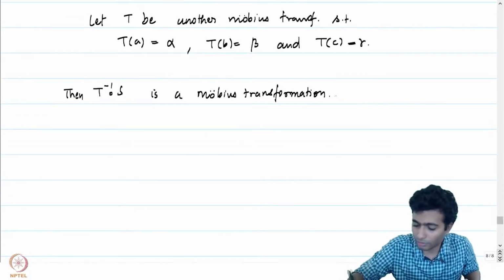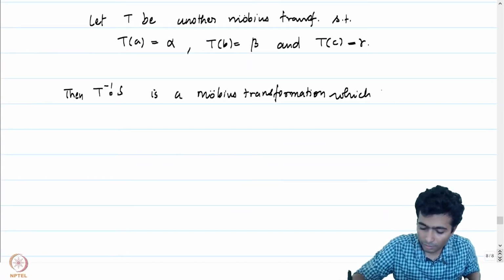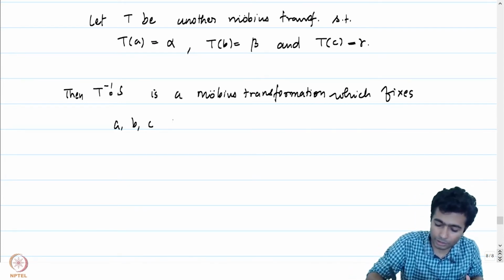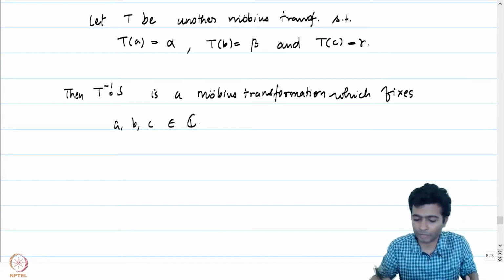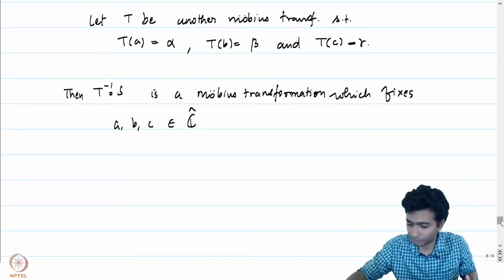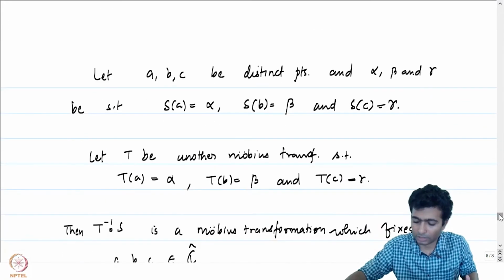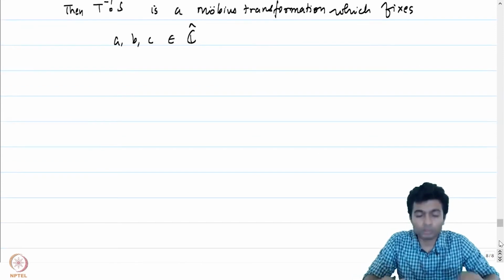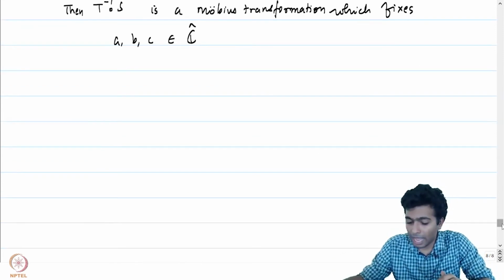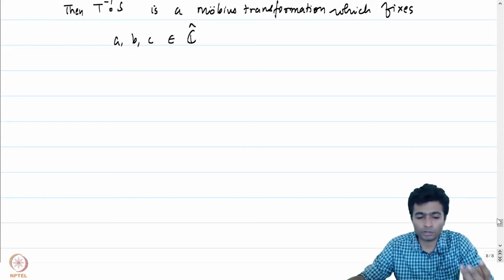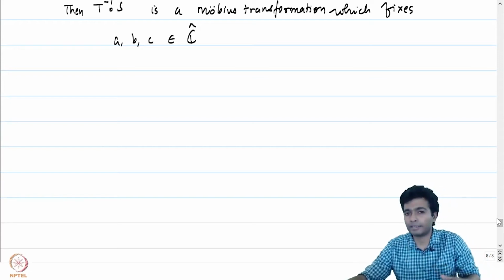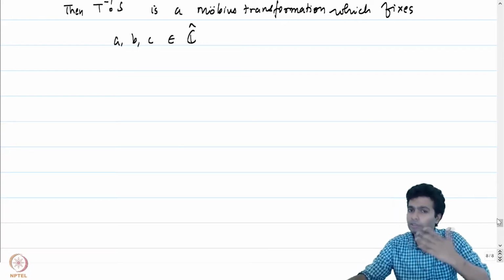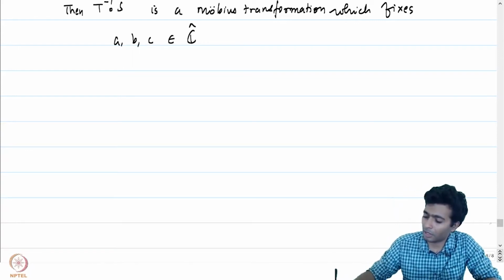It fixes three distinct points A, B, C in the complex plane, actually in C hat. So I could have taken three distinct points in C hat. This tells us that the action of a Mobius transformation on 3 points completely tells us what that Mobius transformation is. There cannot be another Mobius transformation which acts similarly on 3 distinct points.